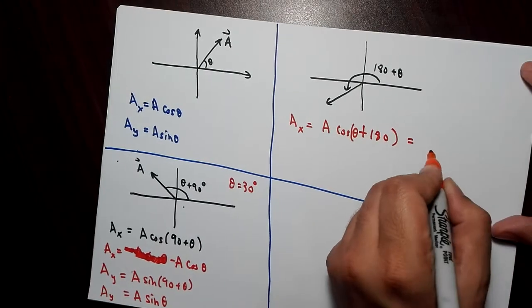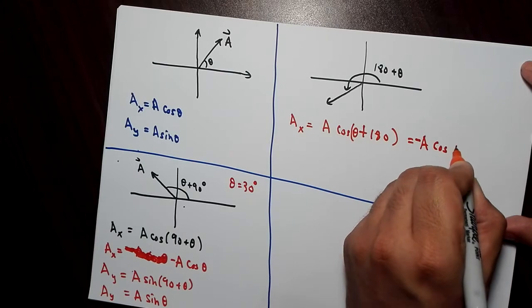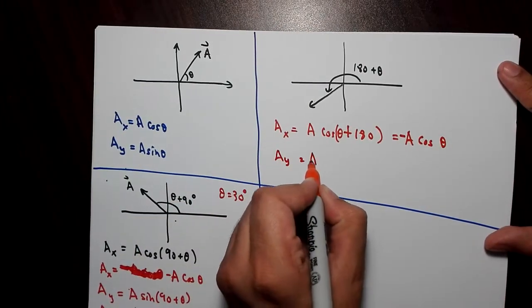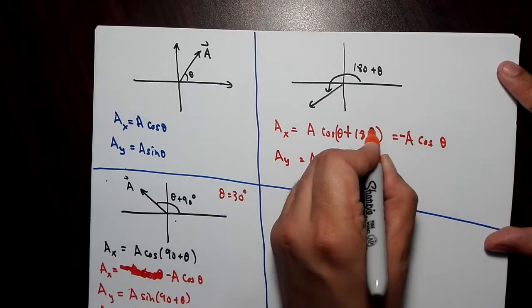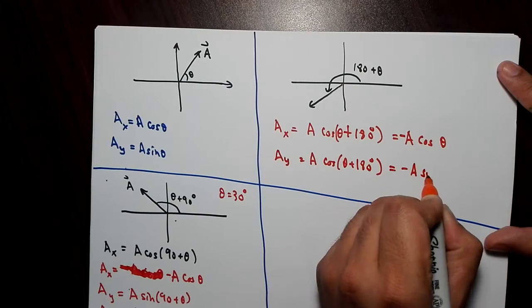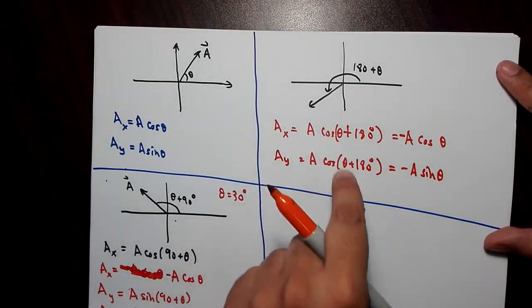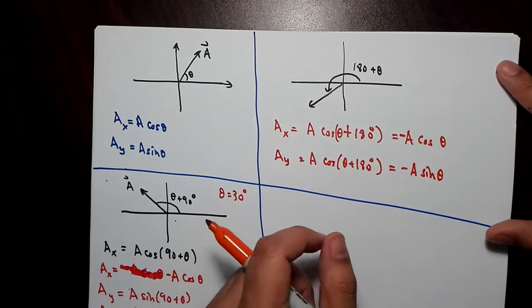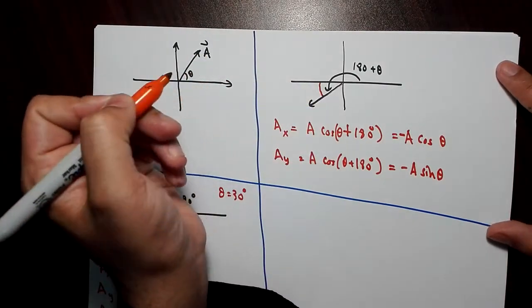That's going to give you a negative A cosine theta. And AY will be A sine of theta plus 180 degrees. That's also going to give you negative A sine theta. So the negative sign again pops out because you're measuring the angle relative to the positive x-axis. And again, if you use this angle, you have to put in the negative sign by hand.